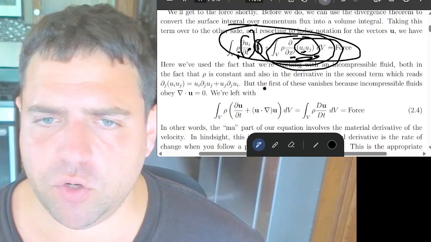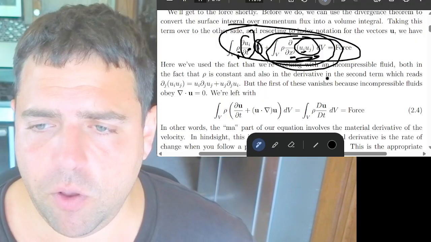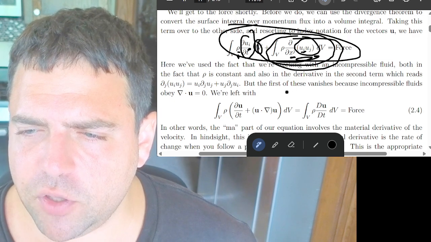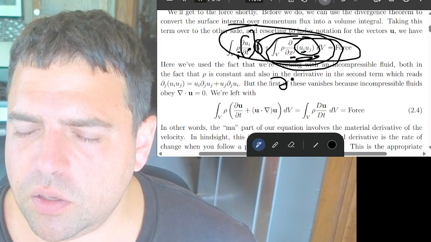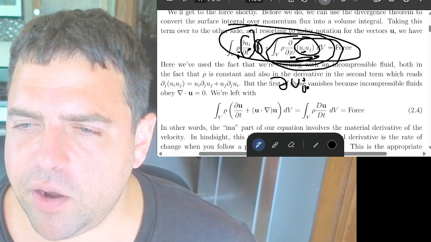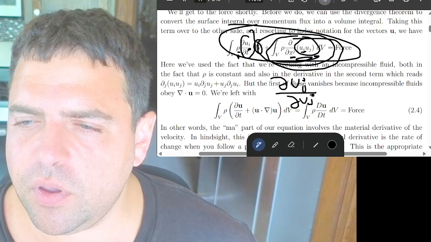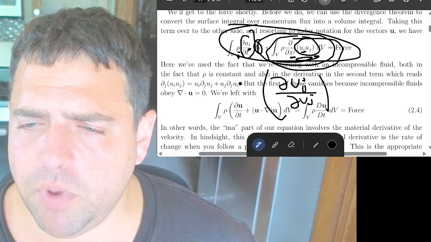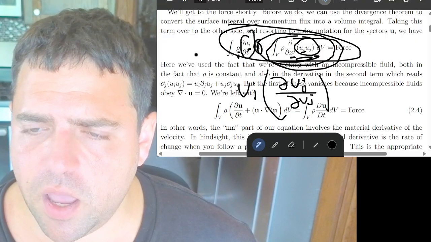So if you remember the multiplication rule, how you take a derivative, this u_i u_j would actually look like this. You take the derivative of u_i with respect to x_j, and that whole thing would be multiplied by u_j.